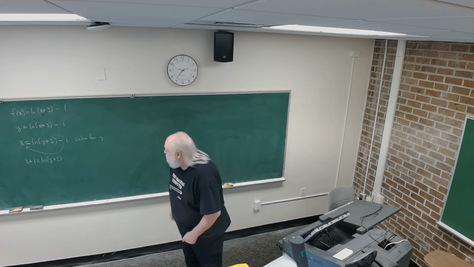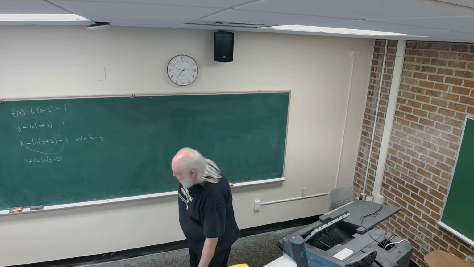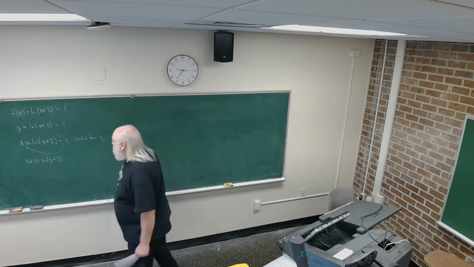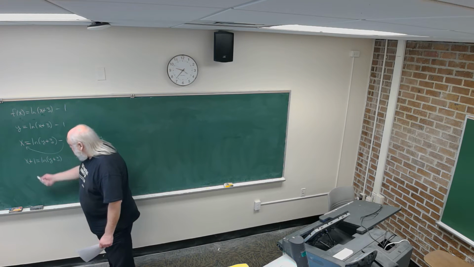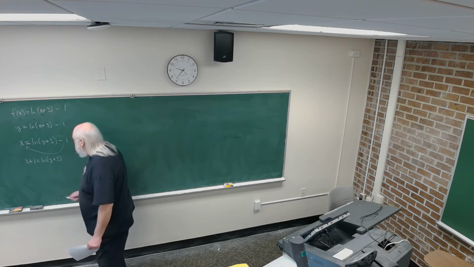To get rid of the natural log, since the left side equals the right side, we can make the left side and the right side exponents on the number e.